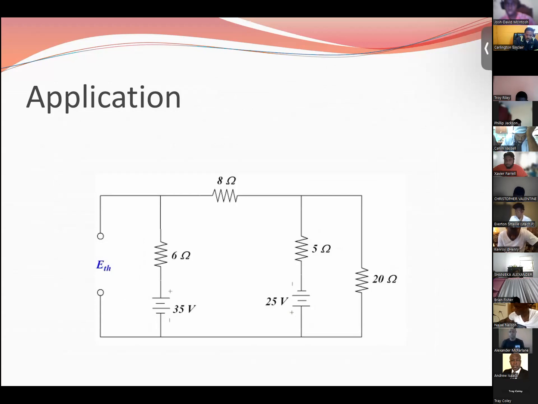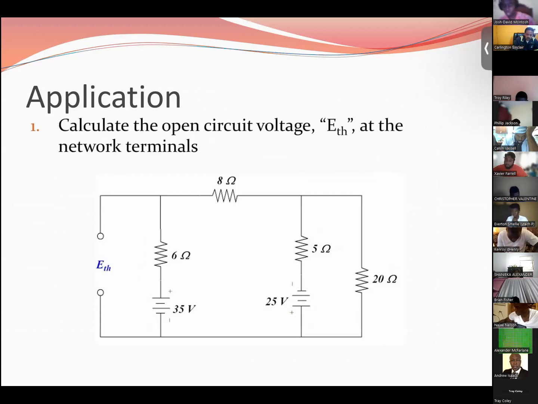So we redraw our circuit and we remove the resistor for which we have interest. So that 24 ohm resistor, we remove it. And given that you're being introduced to the theorem, I encourage you to redraw the circuit with the resistor removed.